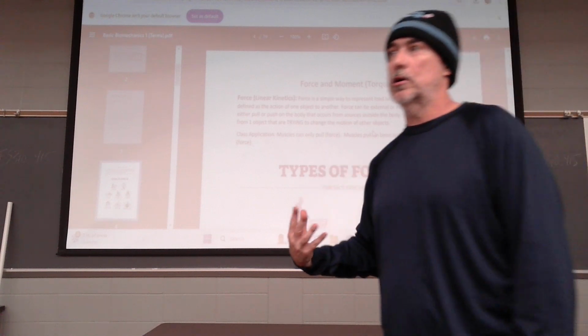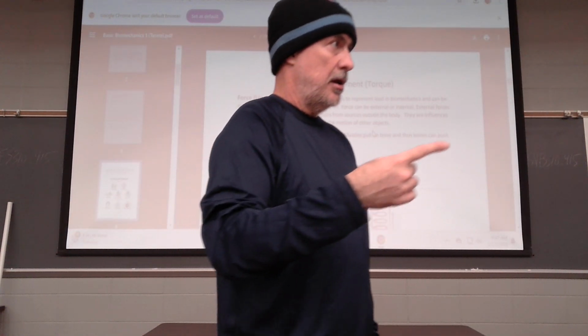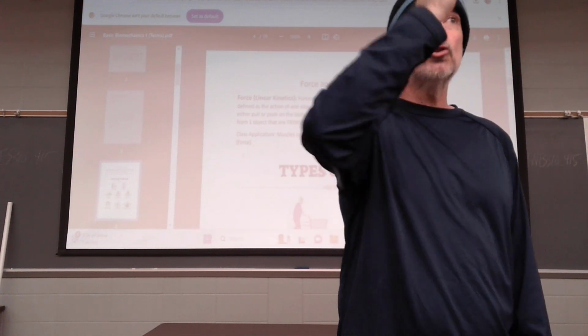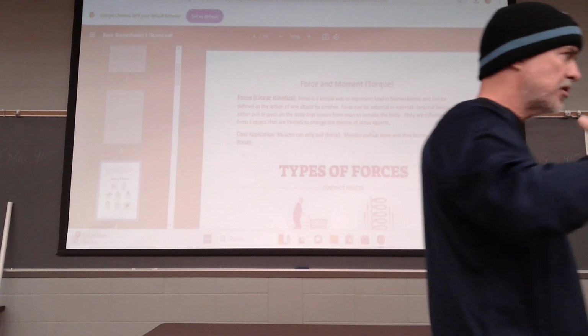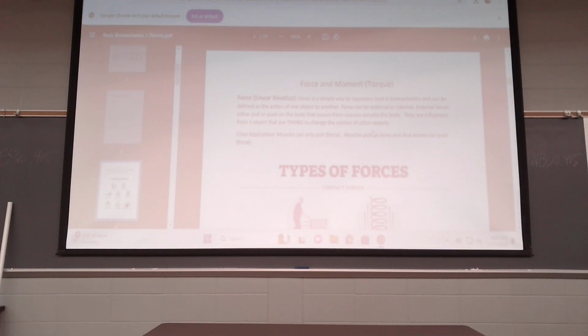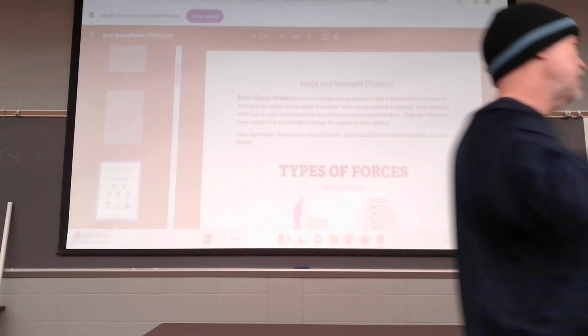So what is torque? Torque is a rotational force, a force that is trying to spin something. How does a force try to spin something? By having a moment arm. A force that is perpendicular. That's the key word here.